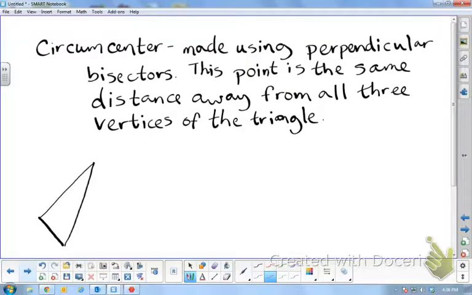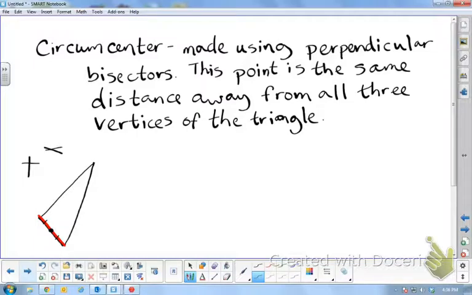So again, we're kind of eyeballing it right now. And we pick a side. I'm going to pick this bottom side here, and I'm going to pick the point about halfway. Perpendicular bisectors was halfway, so we're kind of eyeballing where is halfway. And then we're going to draw a line at a right angle. It should make a T instead of a cross like that.